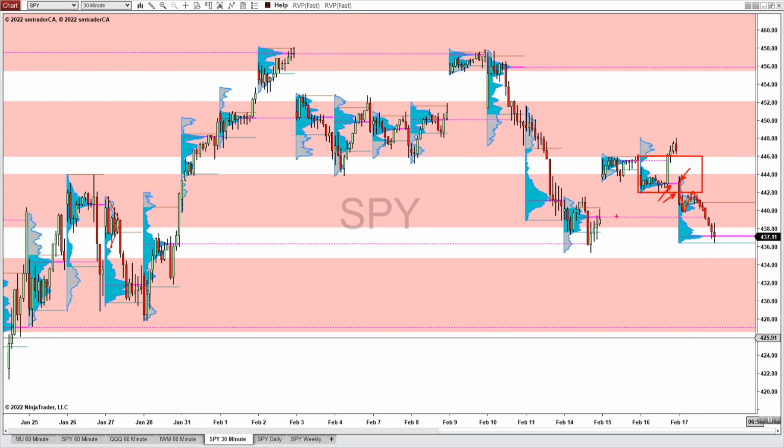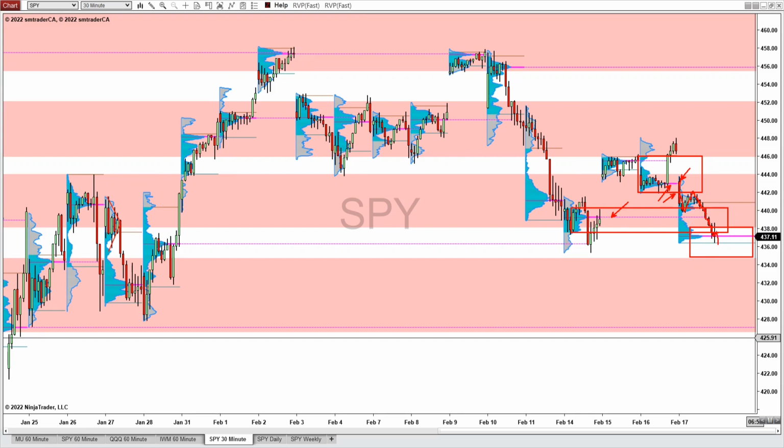Then it started breaking down and tagged this naked point of control, and continued to pull back into this value area. Once it broke this value area, it's now coming down to this low volume area, a low volume zone trapped between the two high volume zones.